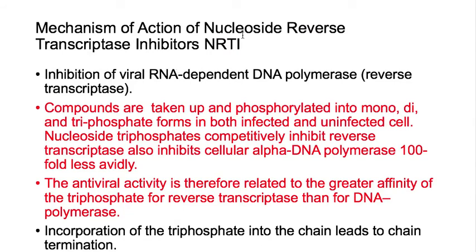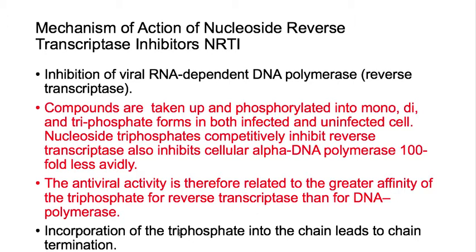These nucleoside reverse transcriptase inhibitors, NRTIs, are taken up and mono-, di-, and triphosphorylated in the uninfected and infected cells. These nucleoside triphosphates competitively inhibit reverse transcriptase, and they also do inhibit the DNA polymerase of cells, but they are 100-fold more active against reverse transcriptase than the cellular DNA polymerase.